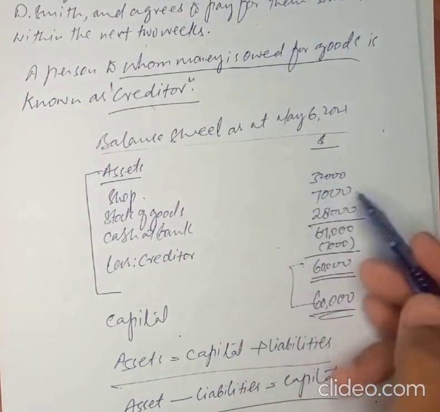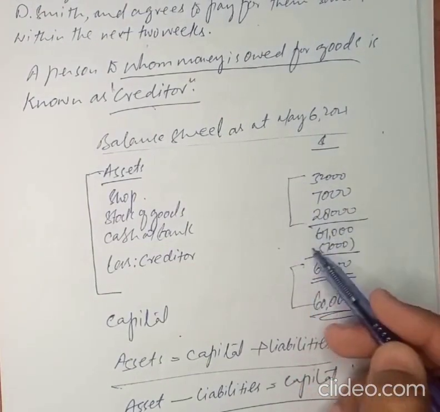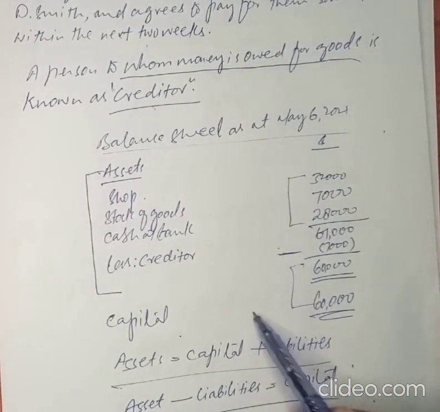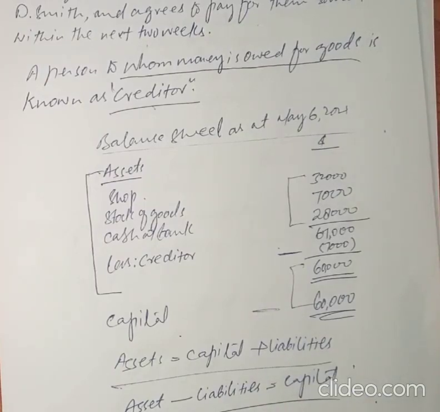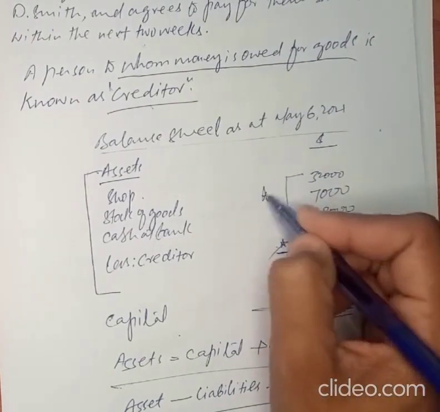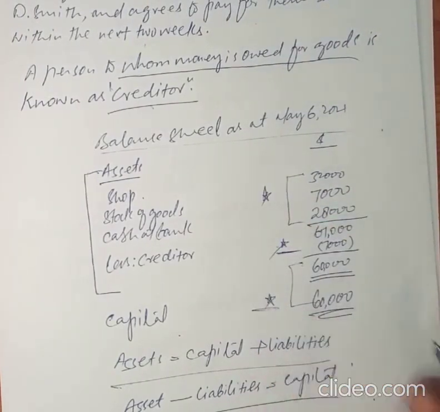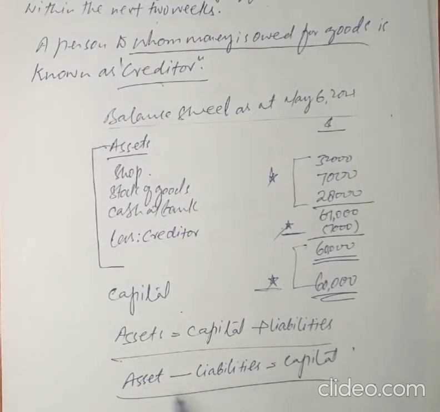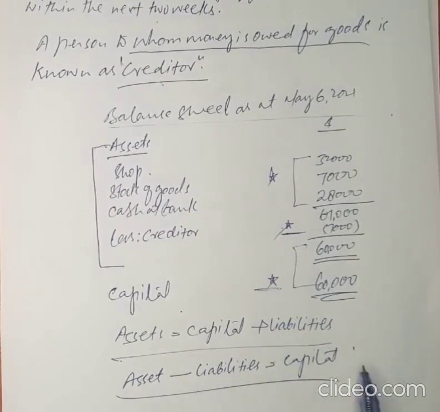These assets minus this liability equals this capital. This is a very simple concept. So at any point of time the assets should be equal to capital plus liabilities, or you can say assets minus liabilities equals capital.